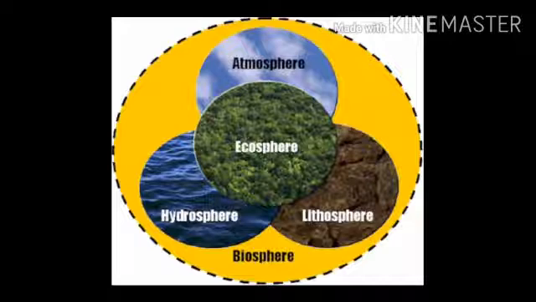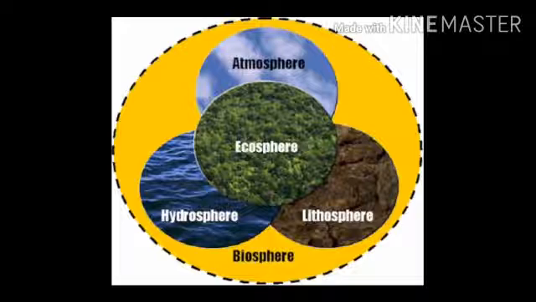Natural vegetation and wildlife exist only in biosphere, that is a narrow zone of contact between the lithosphere, hydrosphere and atmosphere. In the biosphere, living beings are interdependent and interrelated to each other for survival.